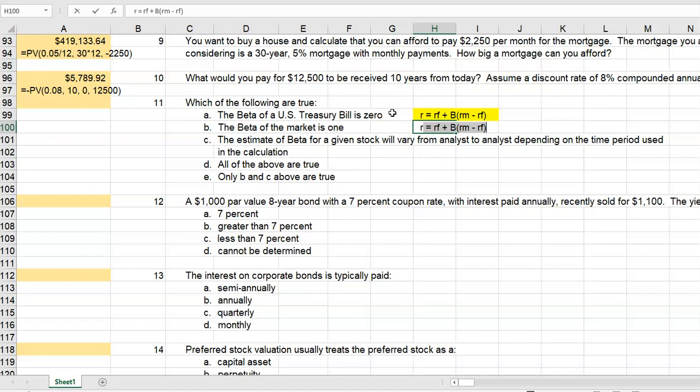How do I get this equation to be true? Well, this is my treasury bill. The only way I can get that is if this back part is 0. So the answer here is B, all of the above.